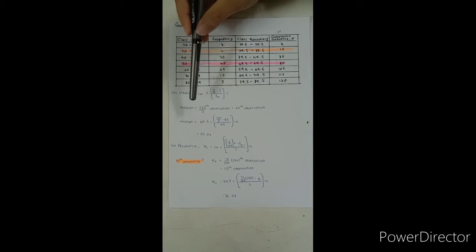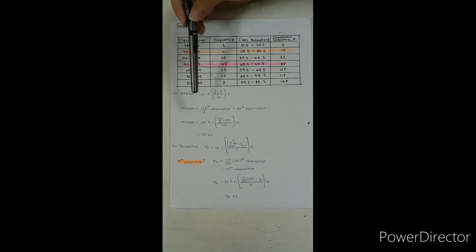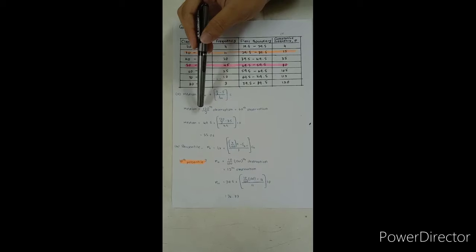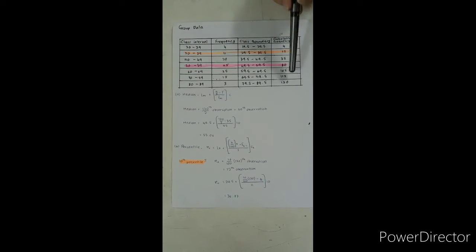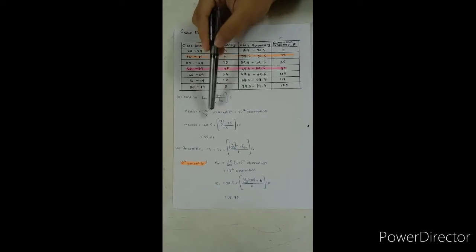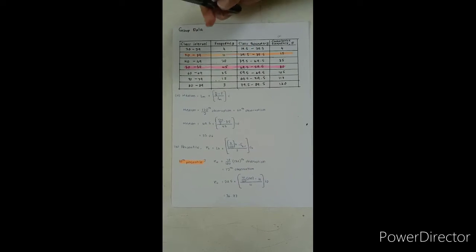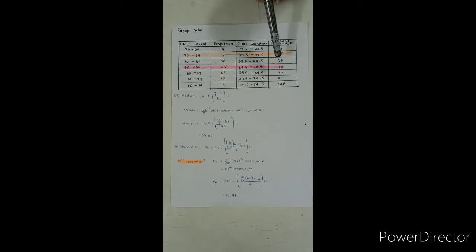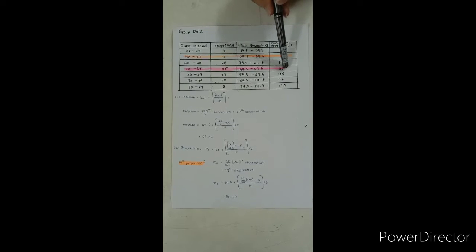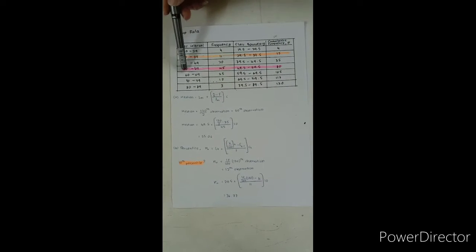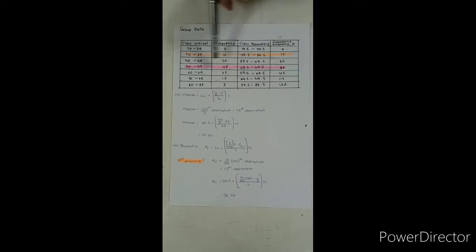So first step, we need to find the observation by dividing the total of the frequency by 2, and we get 60 observation. So the 60th observation lies on the fourth class, the one that I highlighted in pink.